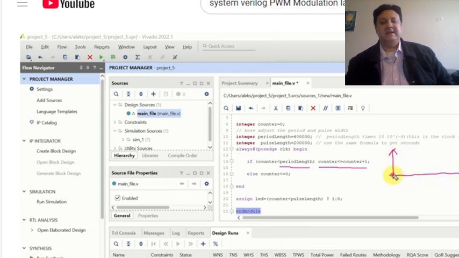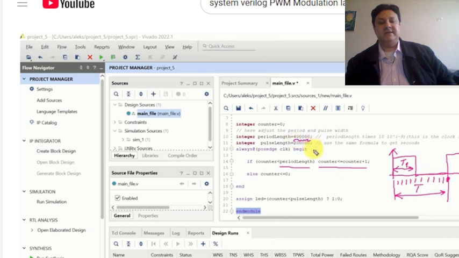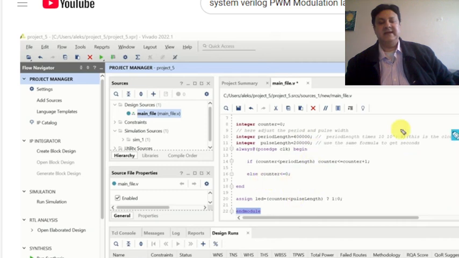Since we defined the desired pulse width modulation signal to look like this, where this is basically T and this is T1, this counter will basically increase until we reach the period length of 4000, and then the counter will simply reset. Okay, now we have a counter.